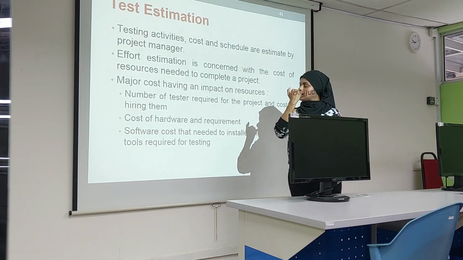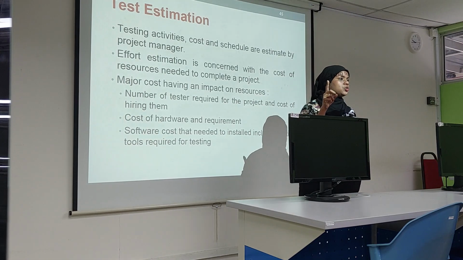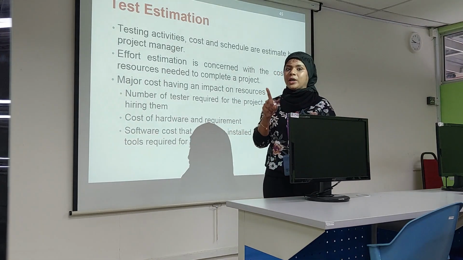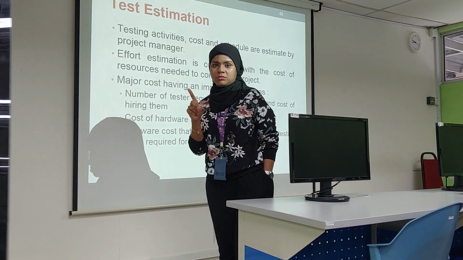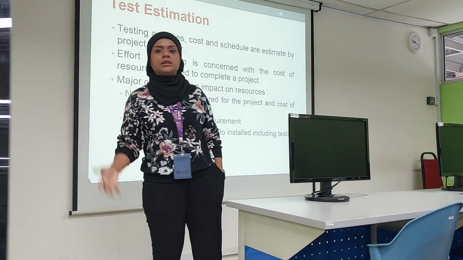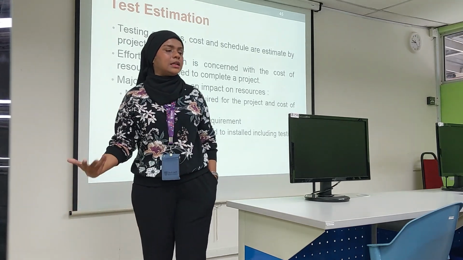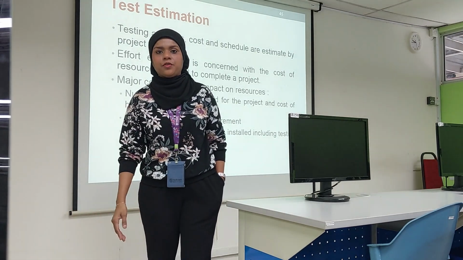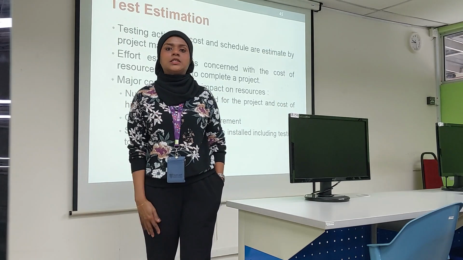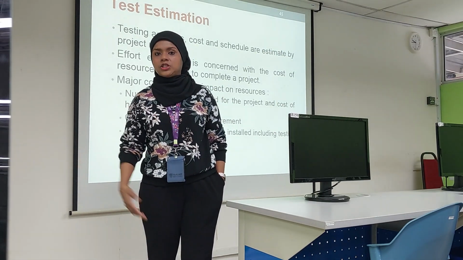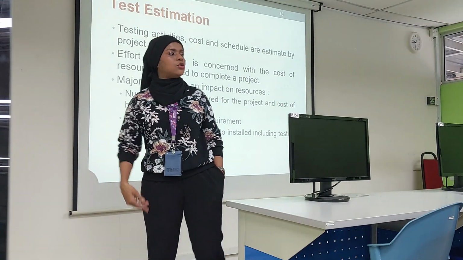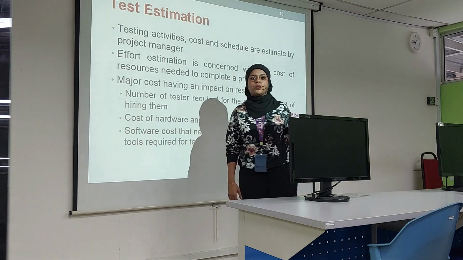So when we set estimation, we must make sure that we are not wasting any resources. For example, you say, oh, we need 10 testers, but actually you don't even need 10 testers. You can complete it with 5 testers. So it means you have wasted 5 human resources. So the same thing goes to the cost and also materials.